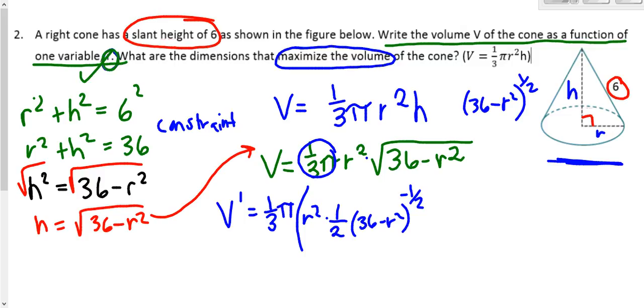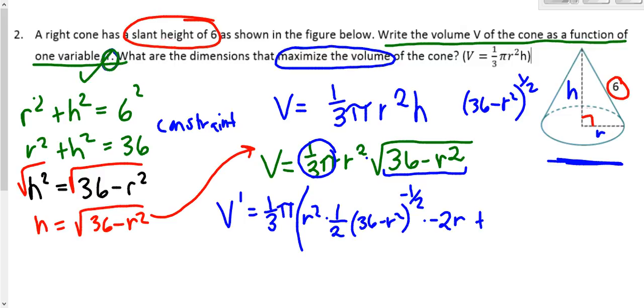And I have to use the chain rule because it's not just a square root, it's a square root of things that are on the inside. So I have to take the derivative of 36 minus r squared, which is negative 2r. And that is the first part of my product rule.